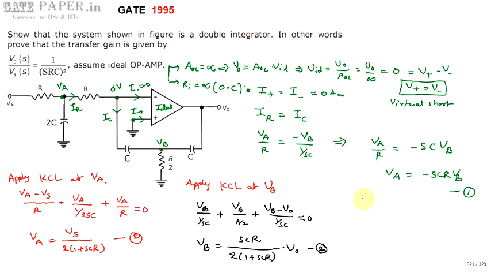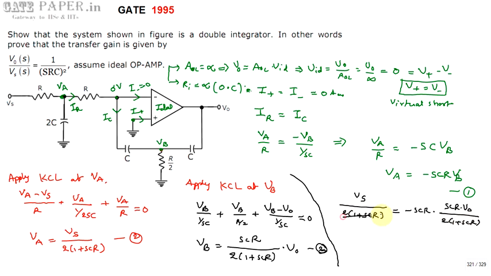Now substitute the second and third equations into the first equation. So VA I am writing directly as VS divided by 2 times 1 plus SCR, and that is equal to minus SCR times VB, which is SCR into V0 divided by 2 times 1 plus SCR.